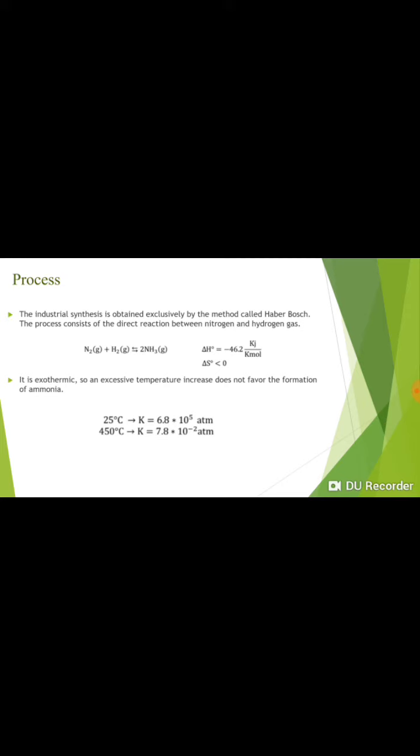Process. The industrial synthesis is obtained exclusively by the method called Haber-Bosch. The process consists of the direct reaction between nitrogen and hydrogen gas. It's exothermic, so an excessive temperature increase does not favor the formation of ammonia.